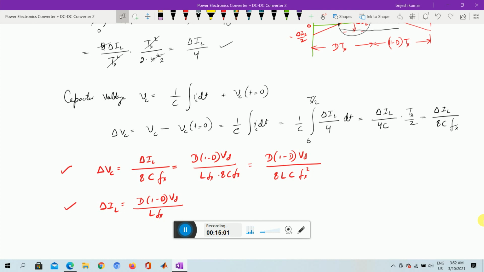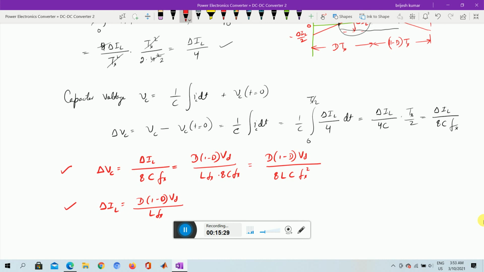Since we know these values, we can decide what the value of L and C should be, so that we can keep del IL in a certain range, or what the value of the capacitor should be, so that del VC will be in a certain range.